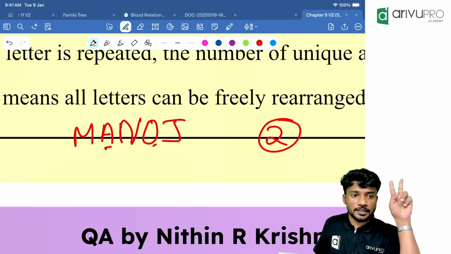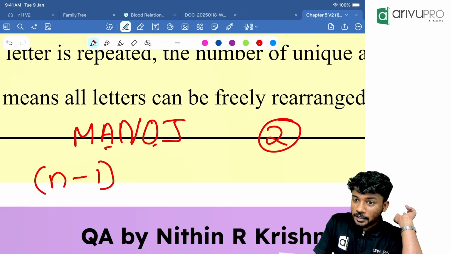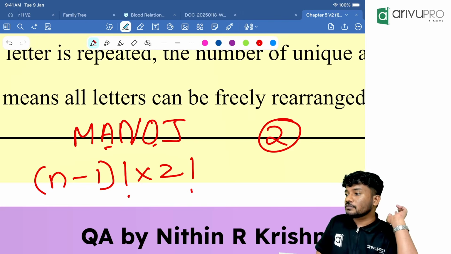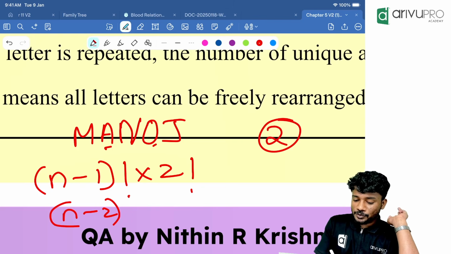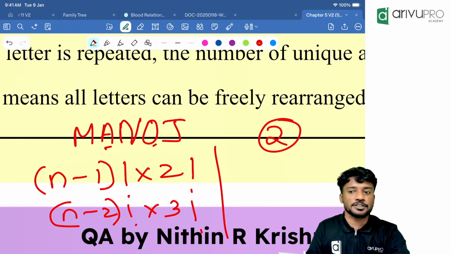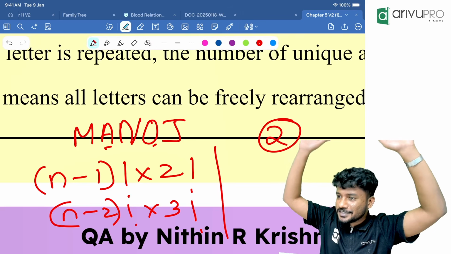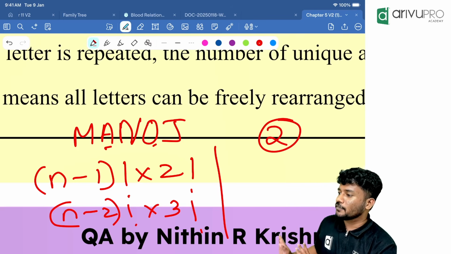When 2 things are together, the shortcut is (n minus 1) factorial into 2 factorial. If 3 things are together, (n minus 2) factorial into 3 factorial. If 4 things are together, (n minus 3) factorial into 4 factorial. If 1000 things are together, (n minus 999) factorial into 1000 factorial.